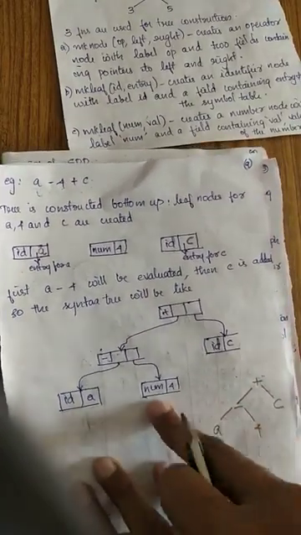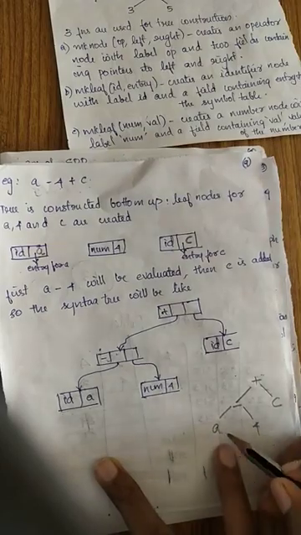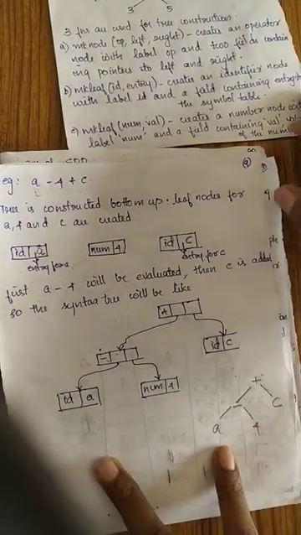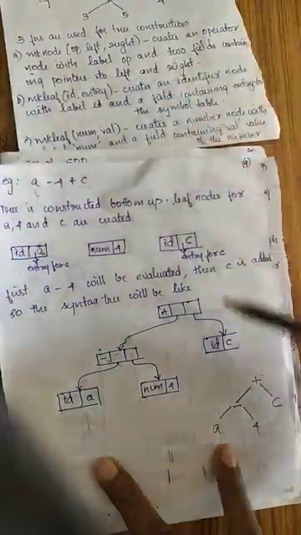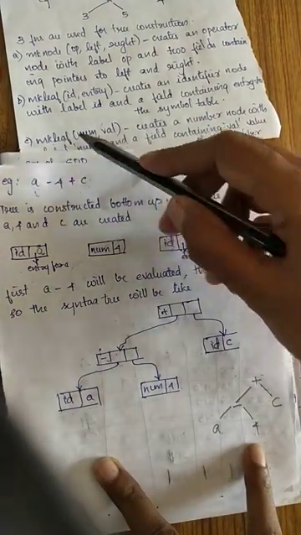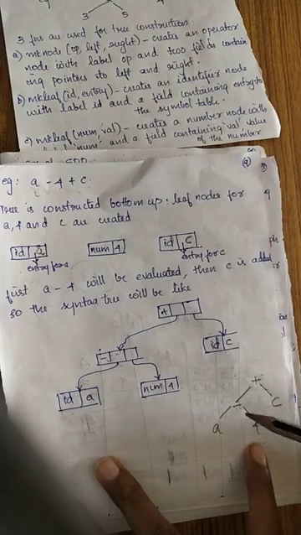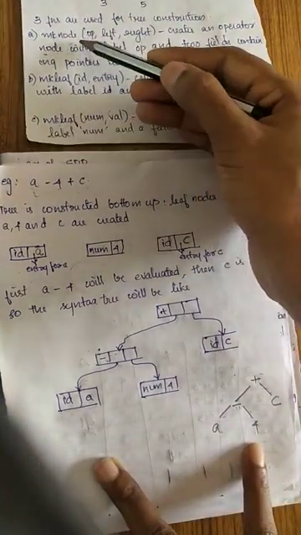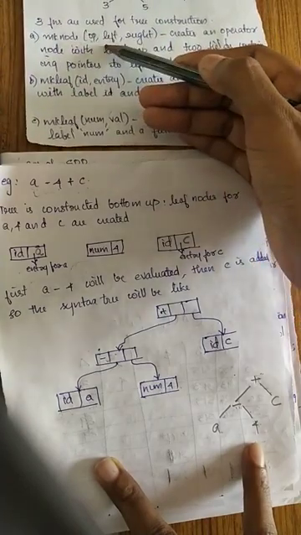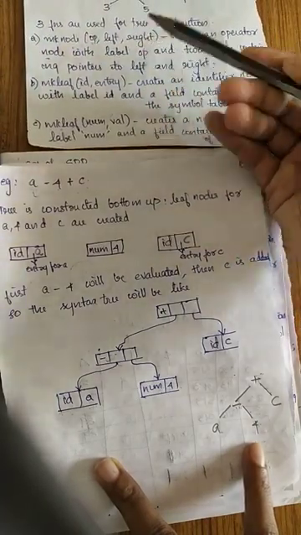The node representation would look like this. For leaf nodes, for an identifier, the leaf node function will be this, and for the number, the leaf node function will be like this. For the intermediate nodes, that is minus and plus, minus has two children, left child and right child, and an operator value. So make node, minus will be the operator, with a pointer to the left child and a pointer to the right child.